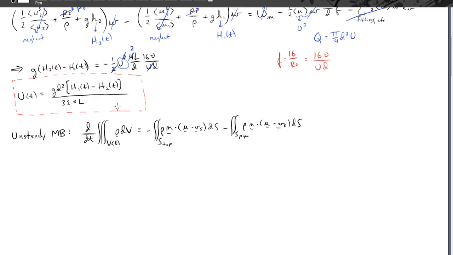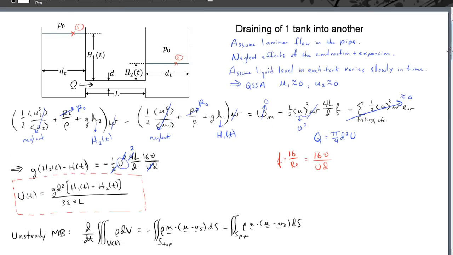And so the top surface of the control volume for applying the unsteady mass balance, if we apply our mass balance here to this dashed region, in fact, let's just consider essentially liquid up to the height of the pipe, which would be h1 of t.